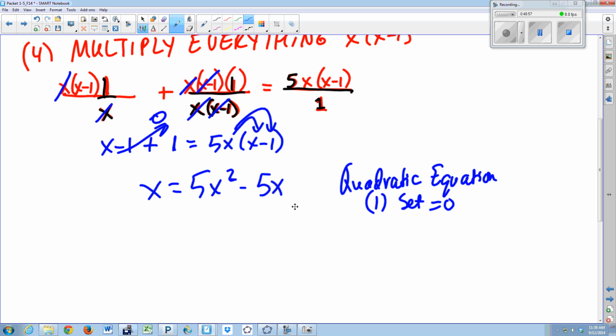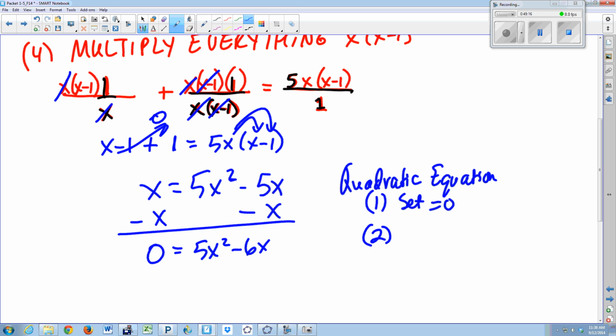So to solve our quadratic equation, we set it equal to 0. So we subtract x from both sides to do that. I get a 0 on the left side. You don't just leave it blank and have a tippy. This has got to be a perfect equation, like on a seesaw. It's not just one person on the seesaw. 5x squared minus 6x.